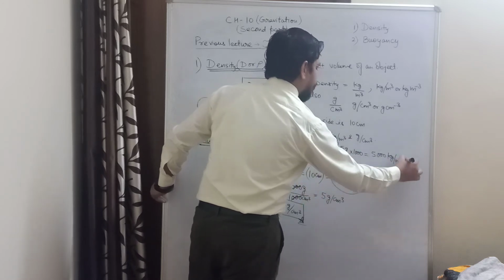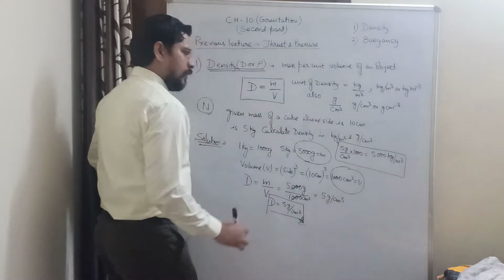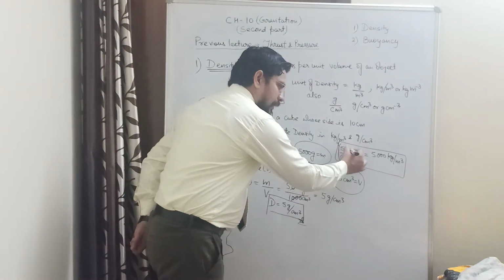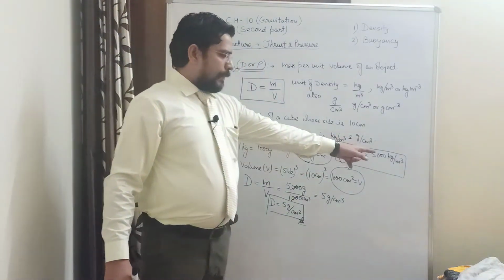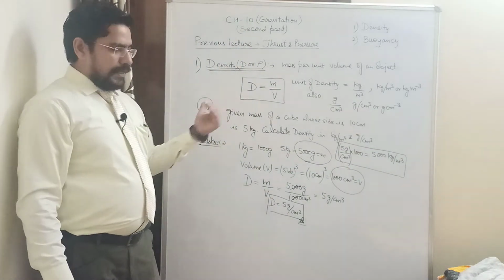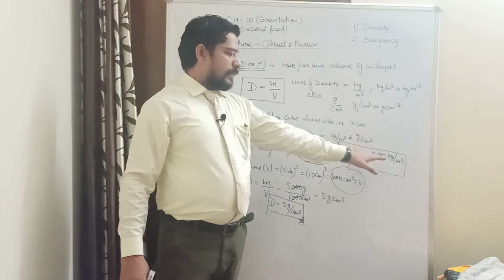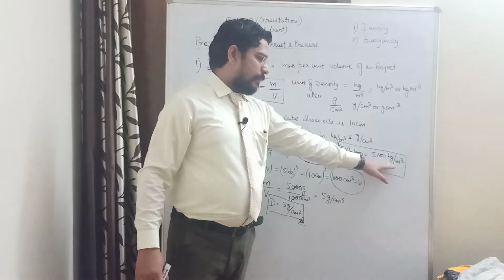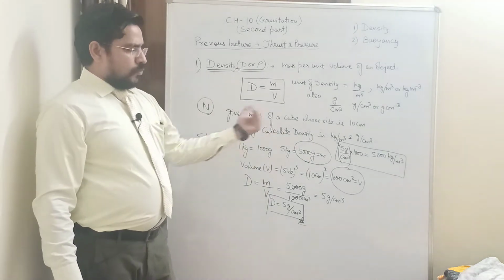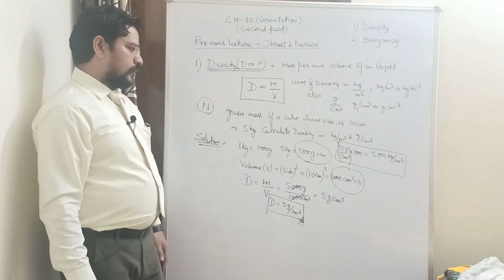So this is a simple conversion which you must remember. For converting density from gram per centimeter cube to kilogram per meter cube, you multiply it by 1000, and vice versa. If you are given density in kilogram per meter cube and you want to convert it to gram per centimeter cube, you simply divide it by 1000.